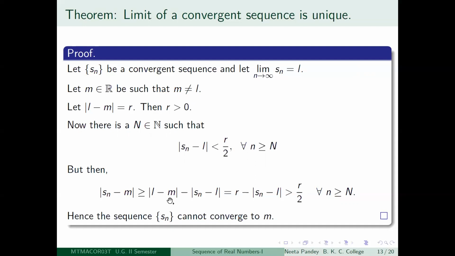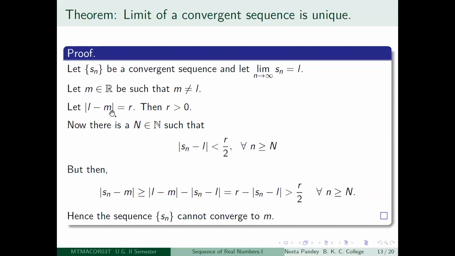By the triangle inequality, that is less than or equal to mod Sn minus m plus mod Sn minus L. Therefore, if you rearrange, you get mod Sn minus m is greater than or equal to mod L minus m minus mod Sn minus L. This is clear: just write minus Sn plus Sn here, use the triangle inequality and rearrange, and you will get this inequality.